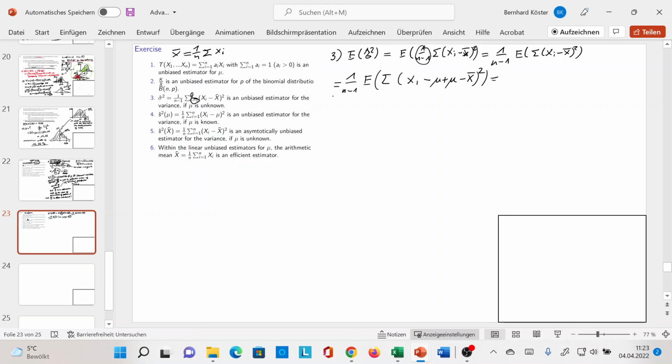And this we can write as 1 over n minus 1 expected value over sum xi minus mu minus another bracket x bar minus mu. So this is just our inserted 0.